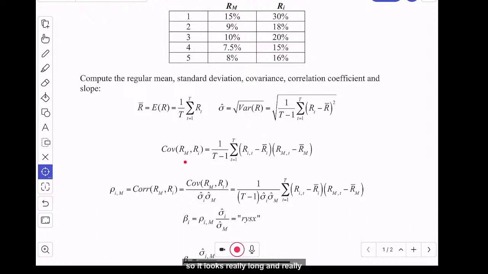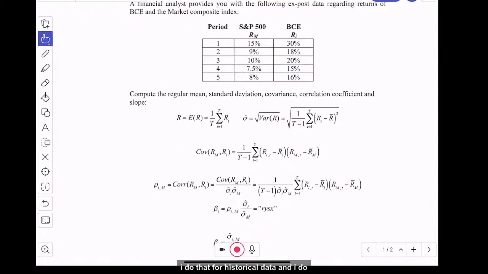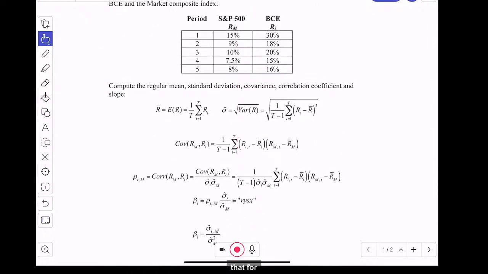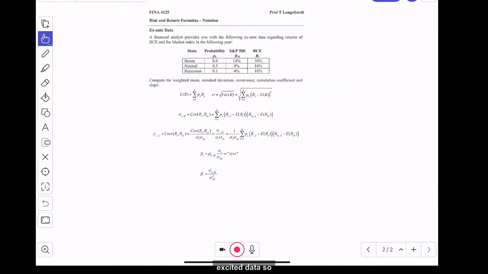It looks really long and intimidating, but in fact, this is exactly the other formula. I like to present the other formulas first to make you see that you've seen this before. I'm just making a finance application using a variable known as returns, but the same formula. I do that for historical data and for ex ante data.